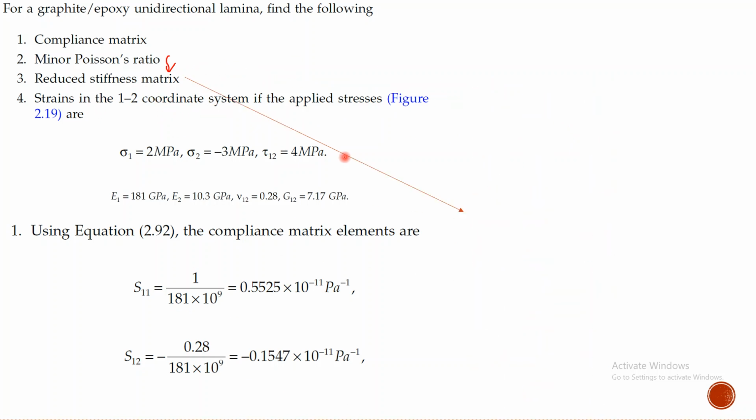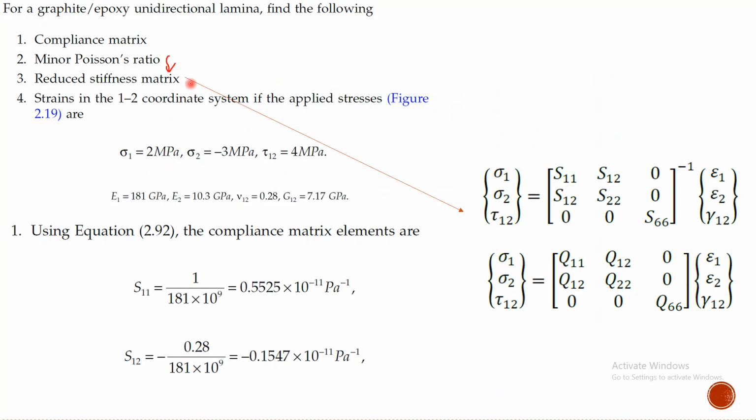Strains in the 1-2 coordinate system means I should calculate epsilon 1, epsilon 2, and gamma 12. In order to calculate this, either you can go for this matrix or this matrix, because you already calculated. If you have the compliance matrix, then I can use this, or else you can go for this also. Both are correct. You should remember which term you should calculate.